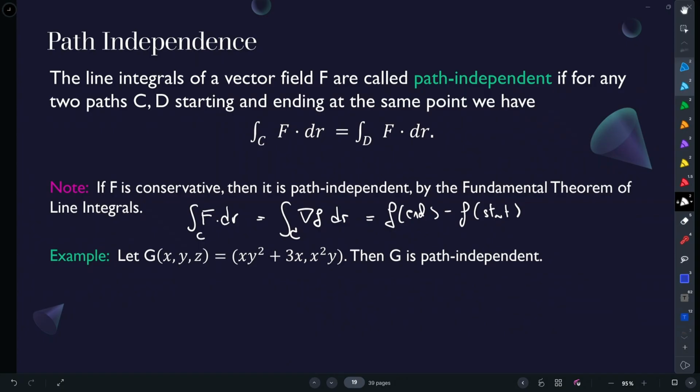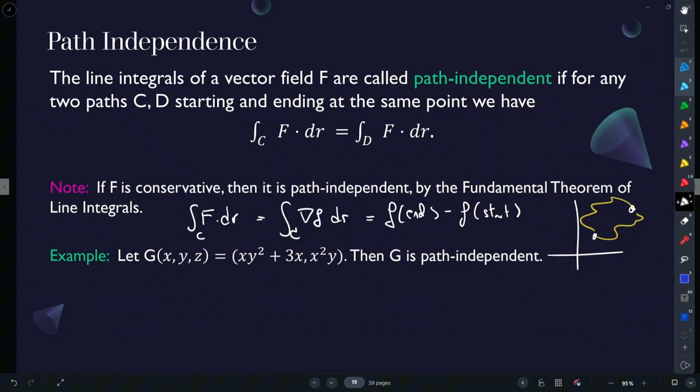So as long as I start and end at the same points, I could go in two different ways. If I have to go from here to here, I could go this way, or I could go this way. It doesn't matter to the fundamental theorem as long as you go in a continuous, differentiable way. So if you have vector fields that are path independent, the line integral does not depend on what path you take to get from one point A to a point B, and we call them path independent.